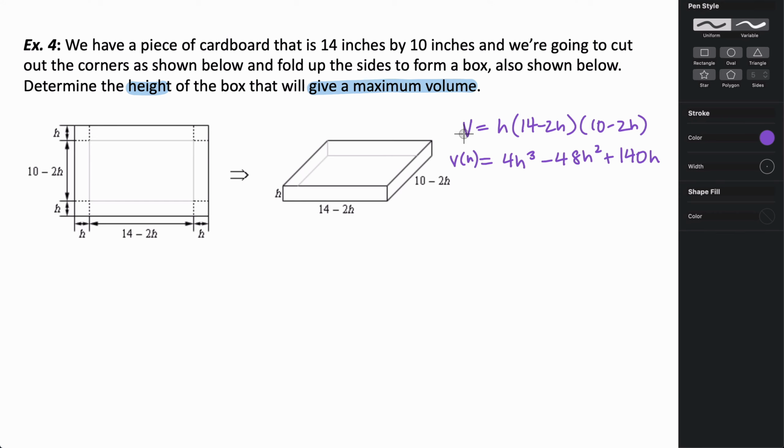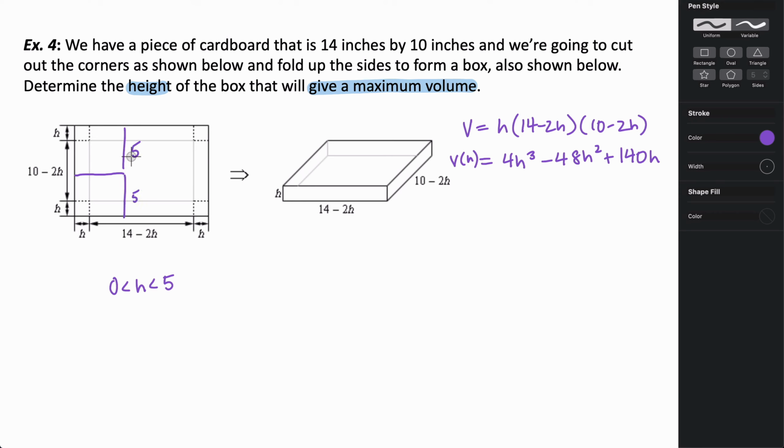Now, what is the maximum height that we could have? h can only be between 0 and 5. 5 is the largest that the height could be. Now, how do I know that? Well, because this side is the smallest. Since I'm subtracting 2 times the height here, if I made the height 5, when I cut out my square, this would be 5, and this would be 5.